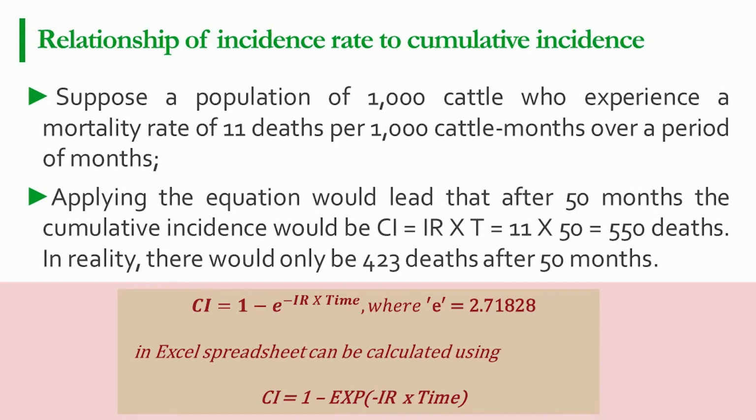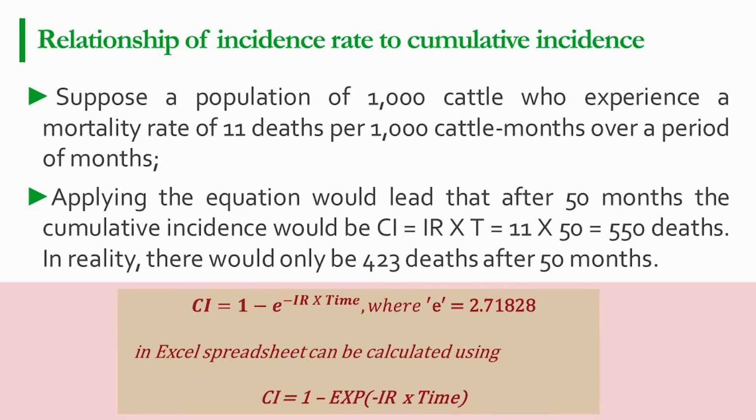And this can be very easily calculated in Excel. In a cell, you would write the function: 1 minus the exponential function of minus the incidence rate multiplied by the time. Basically that's this constant. It's used in many mathematical relationships, especially describing either a growth or a decay over time.